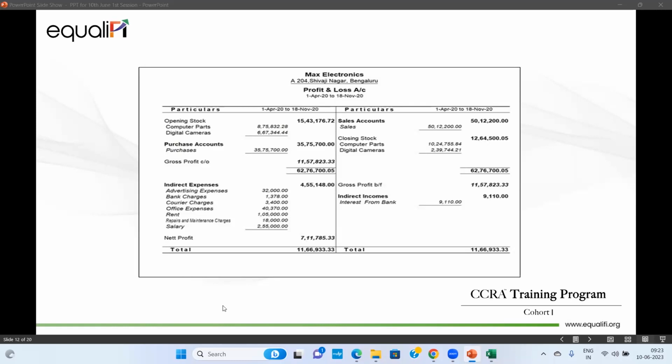Now salary could be something which cannot be controlled. But rent is the second highest, that is 1,05,000, which is a big amount among the total. So probably if the management wishes and if it is possible, they can take a corrective action on this.